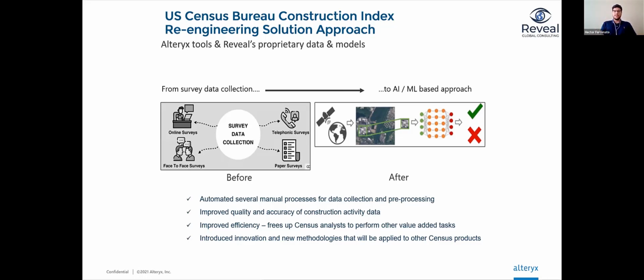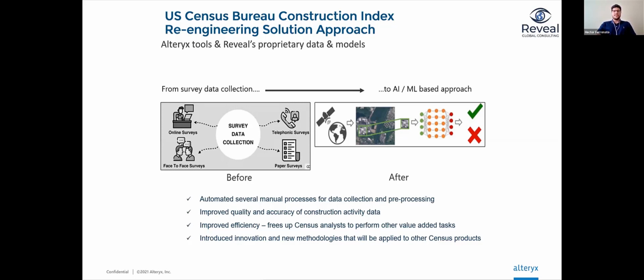So what Reveal has done to help Census is create a solution that automatically identifies and classifies U.S. construction activity by applying machine learning techniques to satellite imagery, covering a geographic area of about 11 million football fields. So it's a big, big area in the United States, and we do this every month while maintaining highly accurate results and fast processing times.